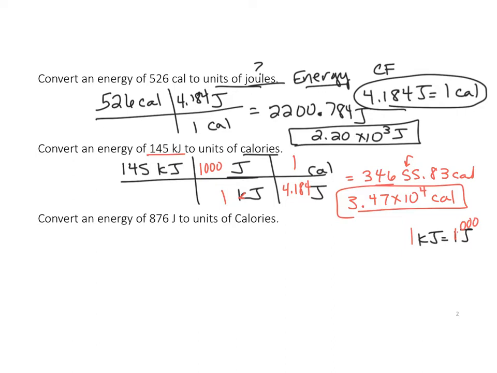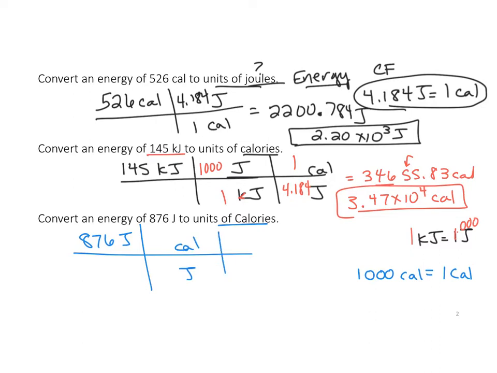Convert energy of 876 joules to units of calories. Now notice this is a big calorie. And so the conversion factor is there's 1,000 little cal for 1 big Cal. So you would do joules to cal and then cal to Cal.